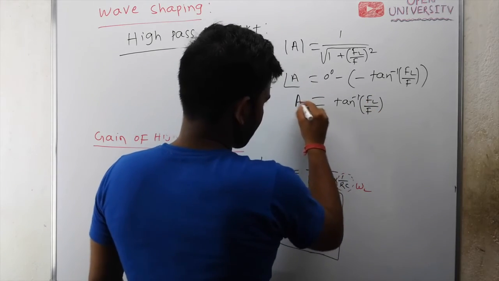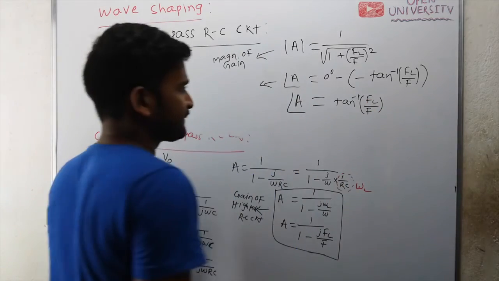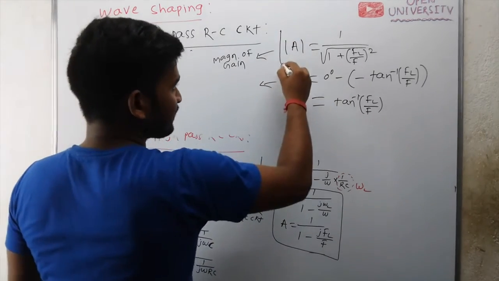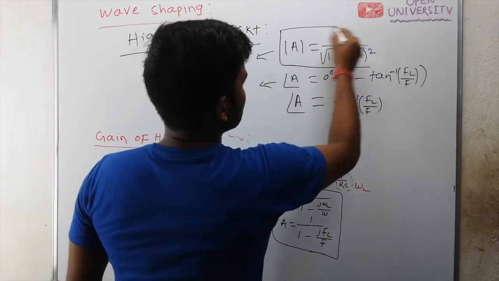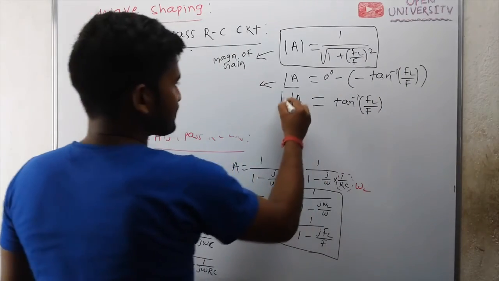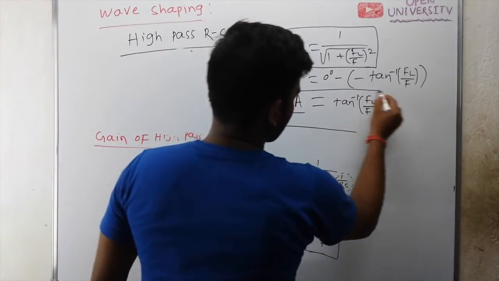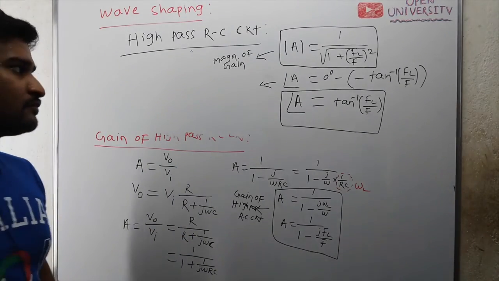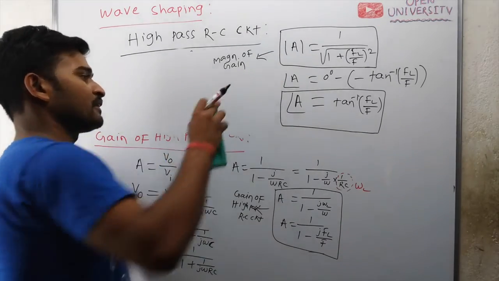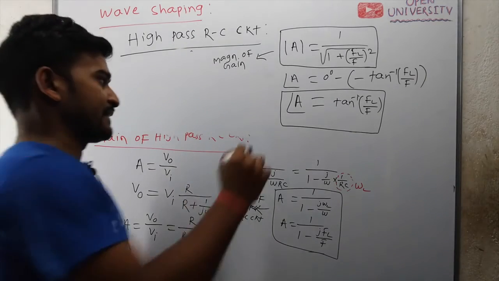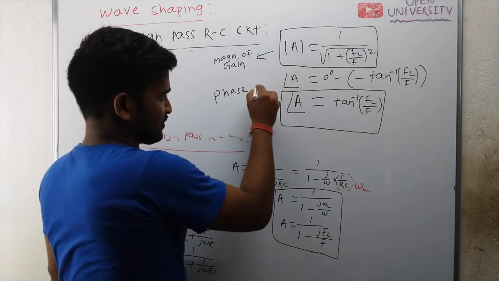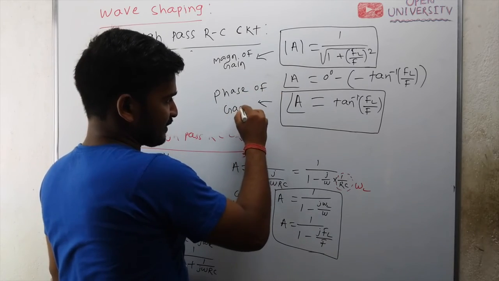This is the formula of phase of gain. So this is the magnitude of gain, and this is the phase of gain of your high pass RC circuit.